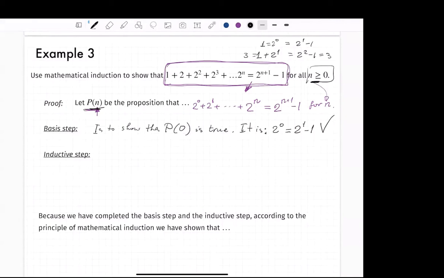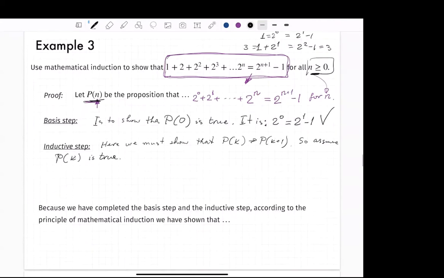So here we must show that P of k for any k implies P of k plus 1. Let's assume that P of k is true.